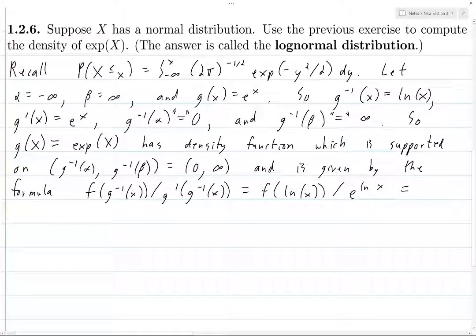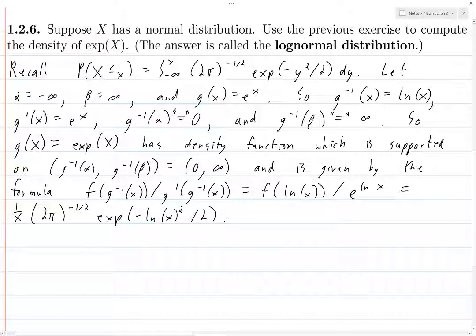Obviously we've got 1 over x, because the exponential of natural log of x is just x. And now we have to multiply by f of natural log of x, and f is the function (2π)^(-1/2) times the exponential of minus y squared over 2. So we have 1 over x times (2π)^(-1/2) times the exponential of minus (natural log of x) squared over 2.